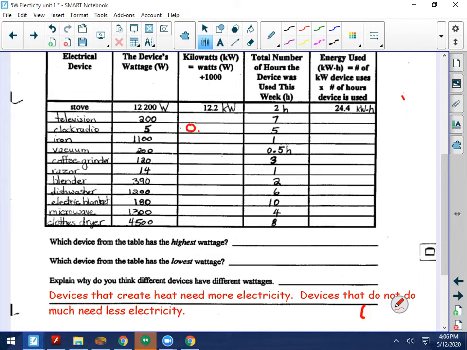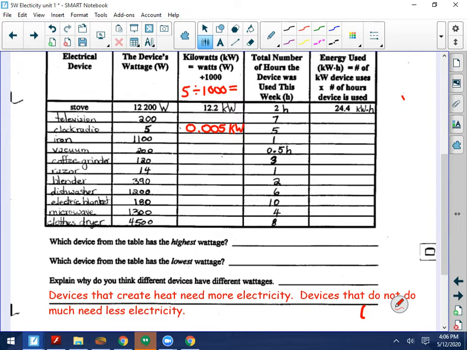That's 0.005 kilowatts. I could use a calculator to do that. I could put in 5 divided by 1,000 equals, and that gives me the answer.